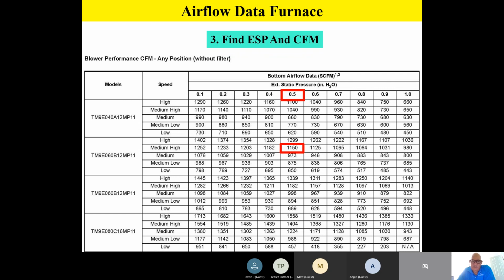So if the coil's clean and you've got condensate running down it in air conditioning mode, you're going to add about 0.1 to this number, to give you more like about 1125 CFM, because you're going to pick up a little static pressure past that probe, so to speak. So on furnaces you go before the coil, and on both air handlers and furnaces, it's good practice to go after the filter so we know how much total suck that fan is pulling against that filter. That is correct. That was an excellent question. Any other good questions or comments?